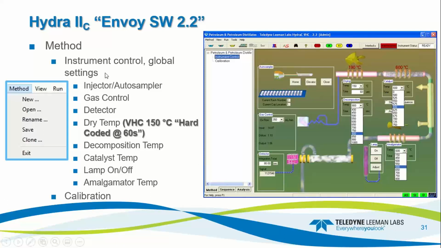So instrument controls, global settings, injector and auto sampler, gas control, detector, the dry temp, with the exception of VHC, that's hard coded in after the radiant heat takes it through its process at 150 degrees C for 60 seconds. And this is in the event that natural temperature rise within the combustion zone did not take it through its auto ignition.